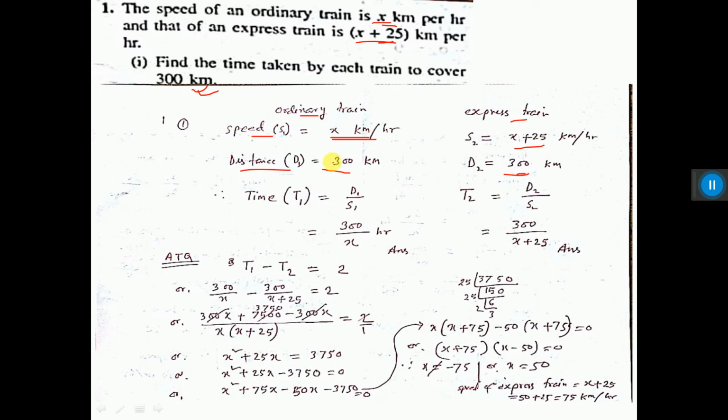So the time formula we know, distance by speed. Distance is 300 km and speed is x. This one I consider time t1 and this one time t2 for the express train. Time equals distance by speed, so 300 by x plus 25. Now t1 minus t2 equals 2 hours, given in the question.